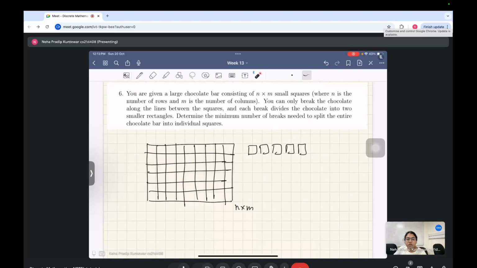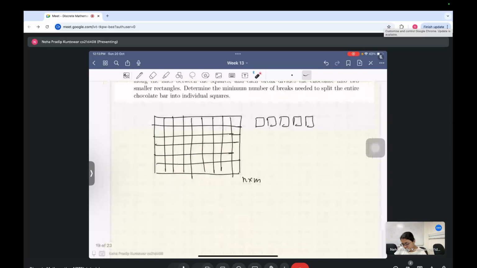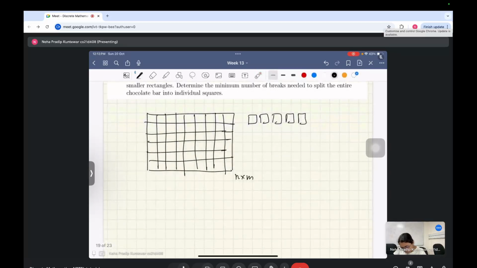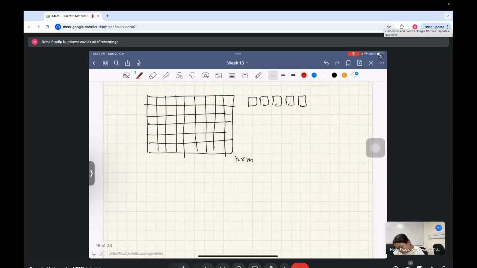So what the question asks you is, what is the minimum number of breaks you need to make in order to disintegrate the chocolate into these small pieces. So what we will do is use this idea of induction. So this is what is called the principle of mathematical induction.